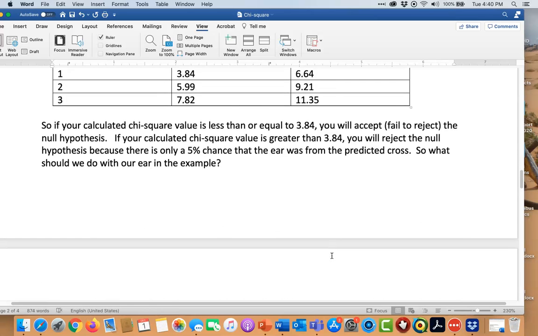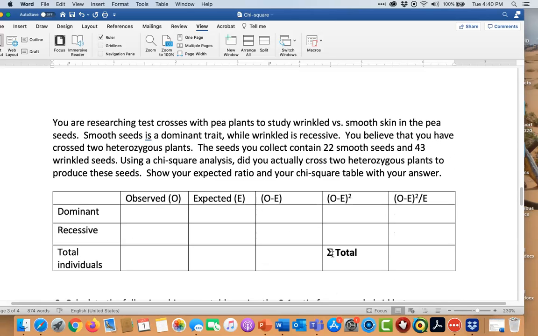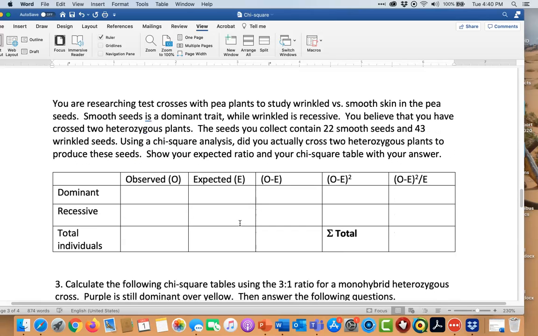All right. So let's take a look at another example, one that doesn't have perfectly round numbers. So here, this is a test cross, and we've got smooth seeds, that's the dominant trait, and wrinkles are recessive. And we think that this was a heterozygous cross.